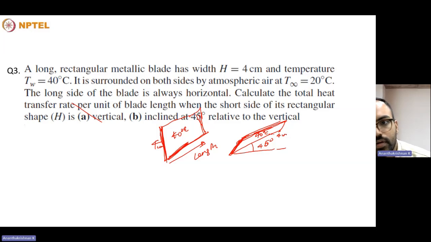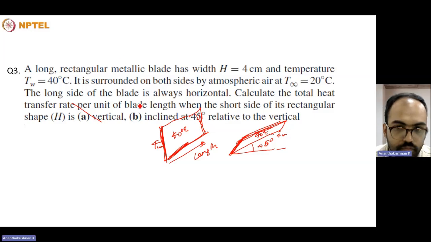In order to calculate the heat transfer coefficient, we require the Nusselt number, and the Nusselt number can be obtained as a coefficient with respect to the Rayleigh number.